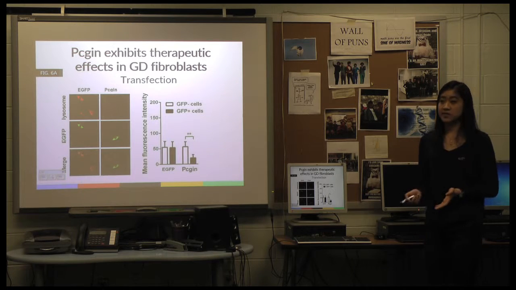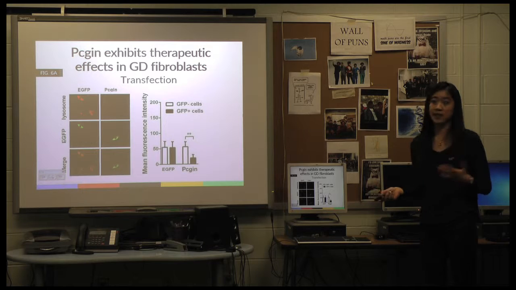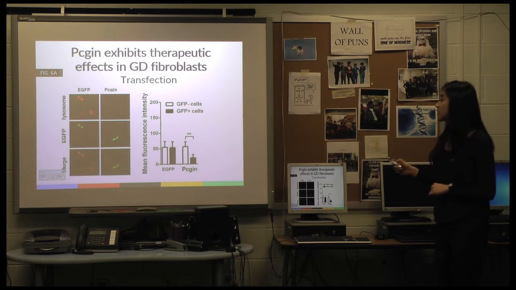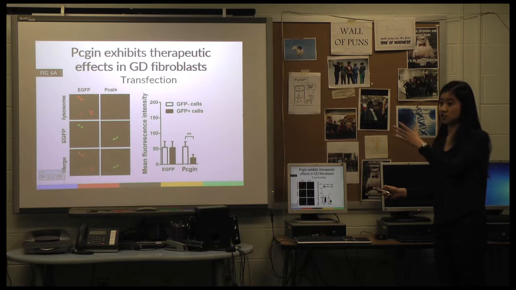So of course, we have to see whether PC-GIN can actually treat the cells like progranulin did. In this first experiment, which is transfection, we again used the LysoTracker approach. So we stained our lysosomes with this red color. Next, we transfected our fibroblasts, adding either a GFP or a PC-GIN GFP fusion.